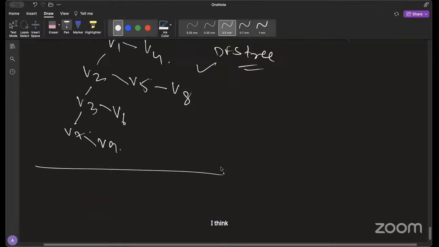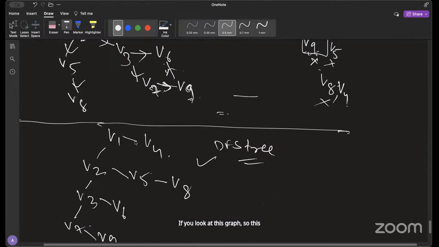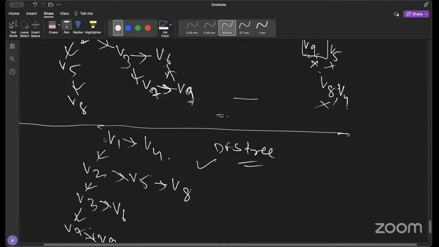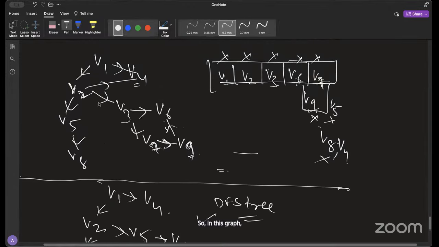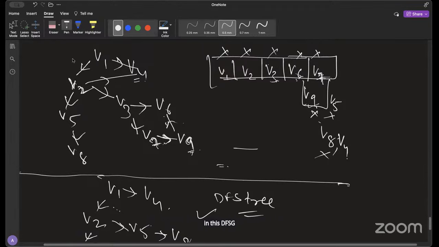So I think we're done, but there's one small thing left here, which is your tree edges and non-tree edges. So if you look at this graph, this was your original graph, right? Every edge that you see in the DFS tree is a tree edge. V1 to V2, you see here in this DFS tree, so this is a tree edge.